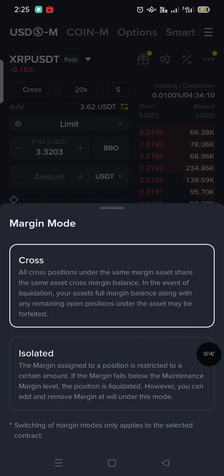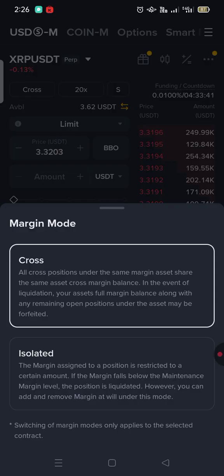Cross mode: all cross positions under the same margin asset share the same cross margin balance. In the event of liquidation, your assets' full margin balance along with any remaining open positions under the asset may be forfeited. I'm going to explain that, because I know many people have not understood what that means.